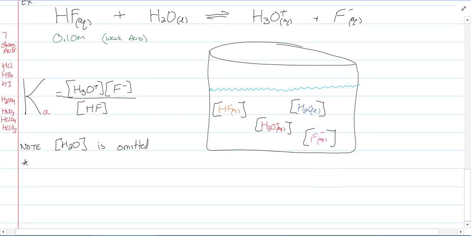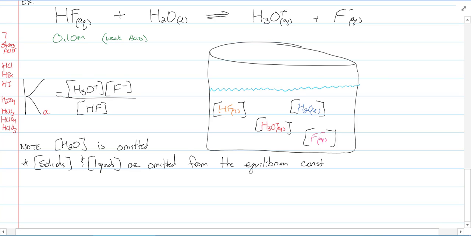The concentrations of solids and pure liquids are omitted from the equilibrium constant expression.